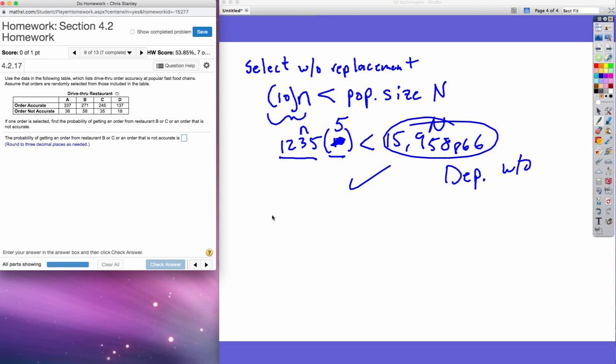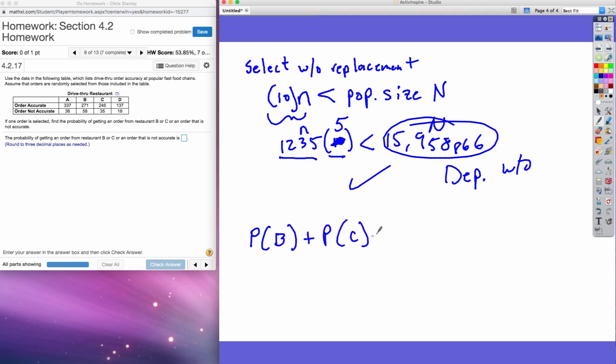Okay, B or C. So to get B or C, we have to add up all the B's. So it's the probability of the B's plus the probability of the C's minus the probability of the B's and C's. So I'm going to add up all the B's. 271 plus 58.